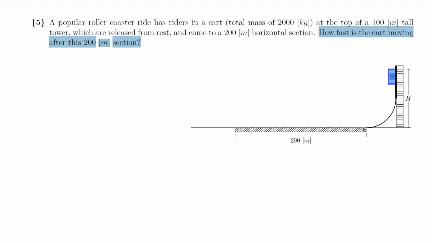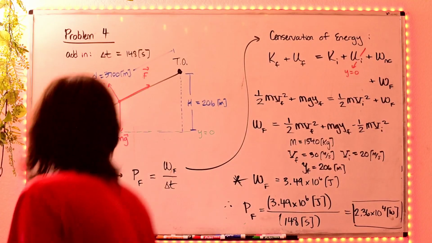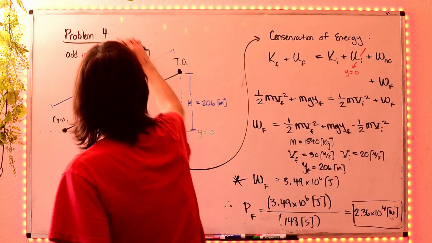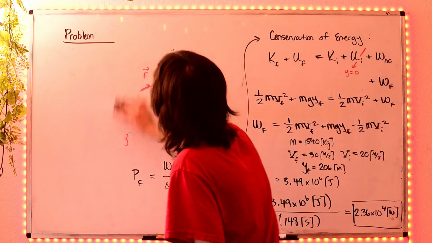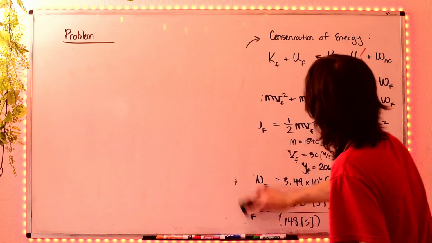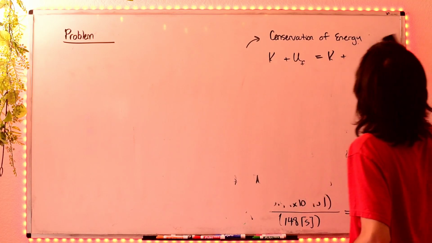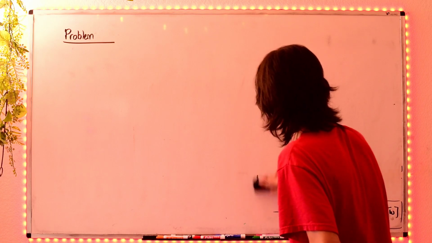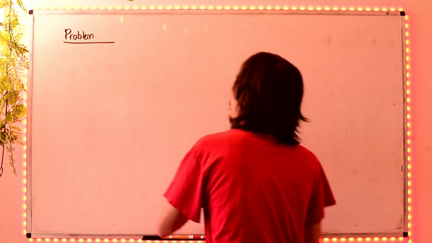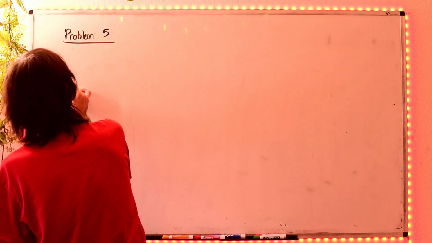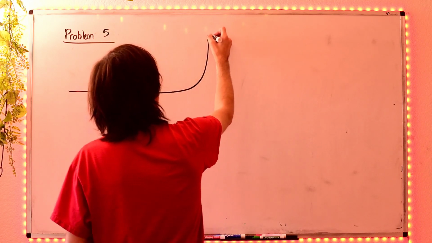They slide down across the 200-meter section, and I just want to know how fast they are going at the end of that section there. This one you'll find to be surprisingly easy.